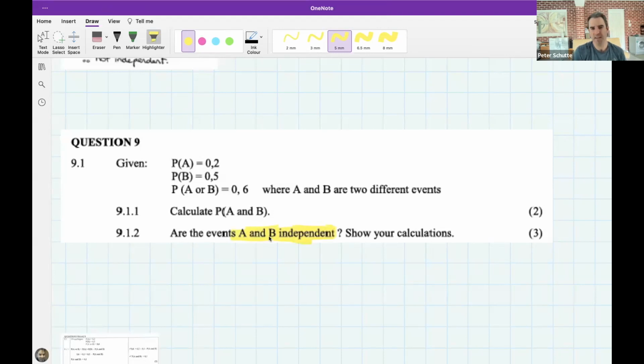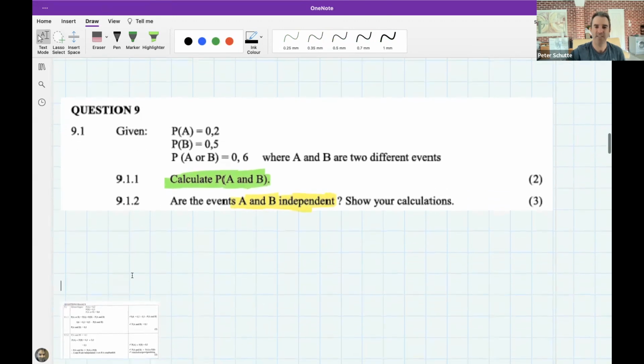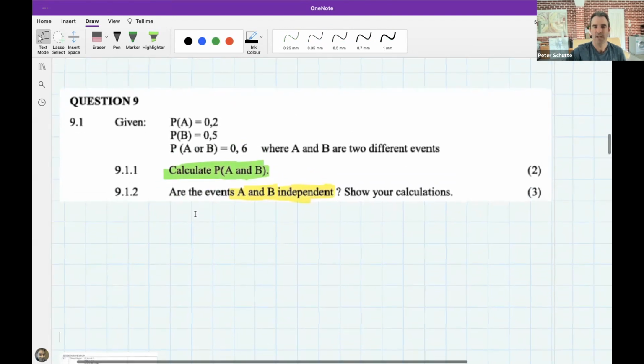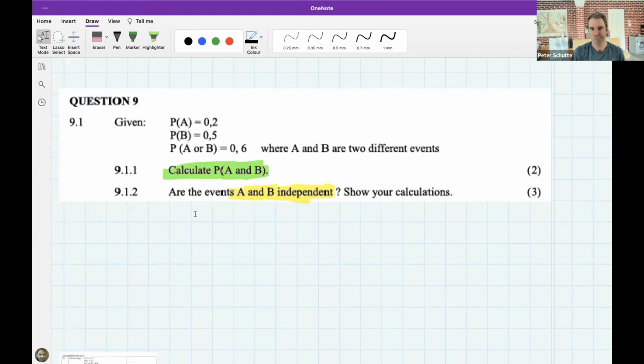And before we even ask if the events are independent, you're asked to calculate the probability of A and B after being given a whole bunch of information.